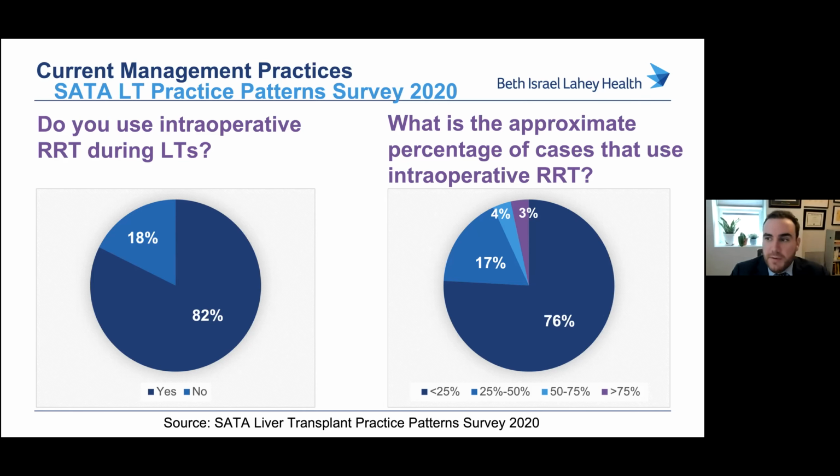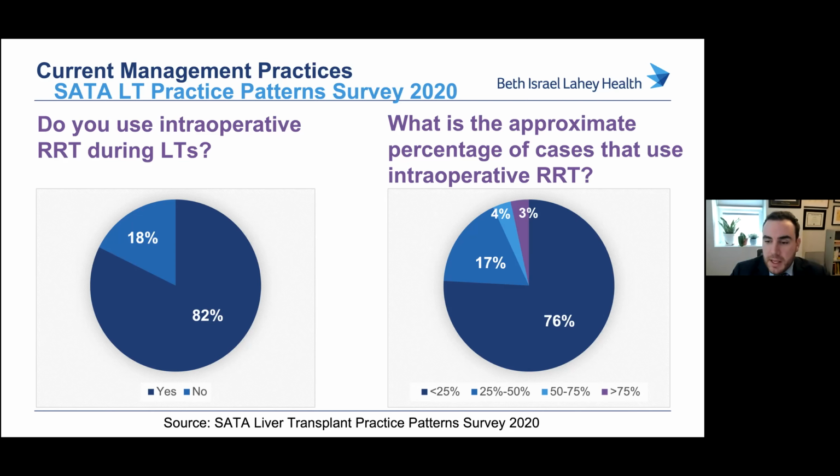But in their survey, they did ask questions about practice patterns of how these centers dealt with people needing renal replacement therapy. So the first question they asked was, does your center use intraoperative renal replacement therapy during liver transplants? And 82% of the respondents said, yes, we do use intraop renal replacement therapy at our centers.